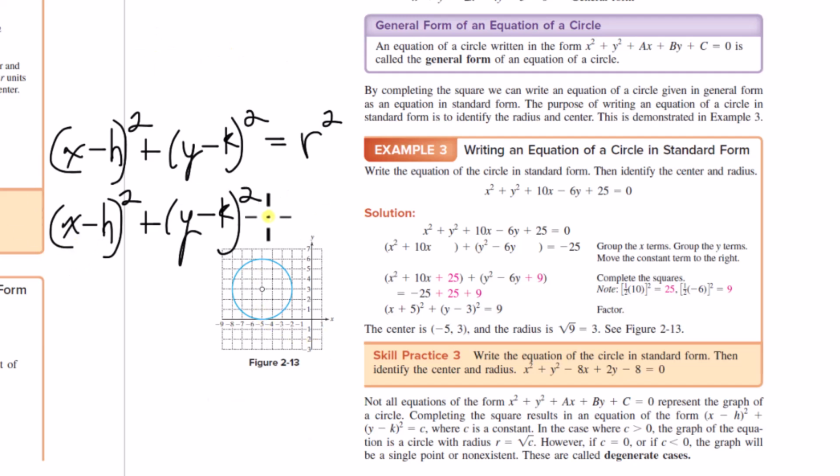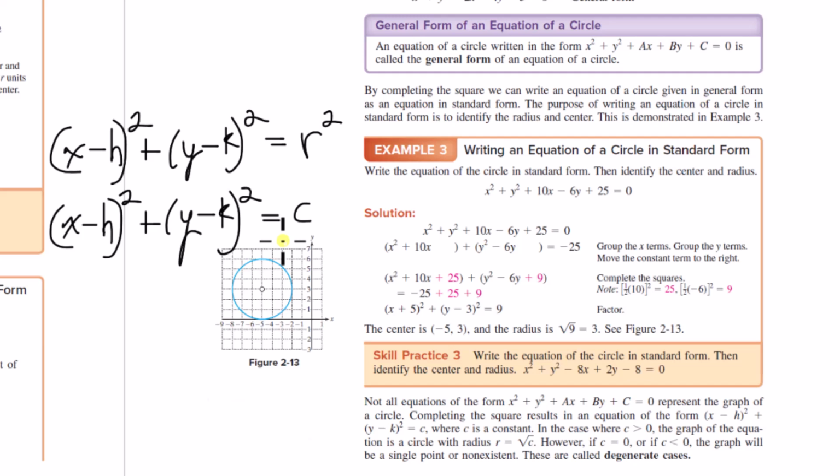But on the right, what you end up with is just some constant. That's what we got here: on the right, we got positive 9. So anytime you start off with a general form of an equation of a circle, you complete the square, get the sum of these two squared terms, and on the right you end up with a constant.